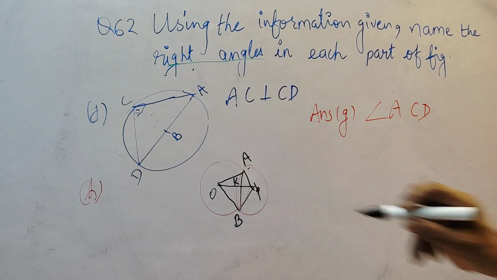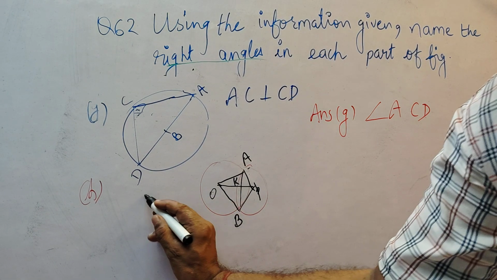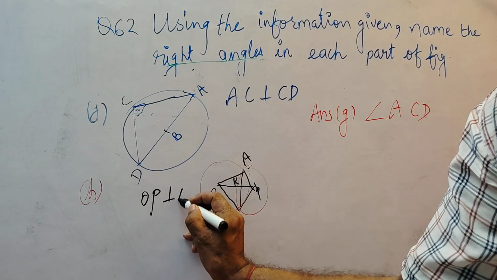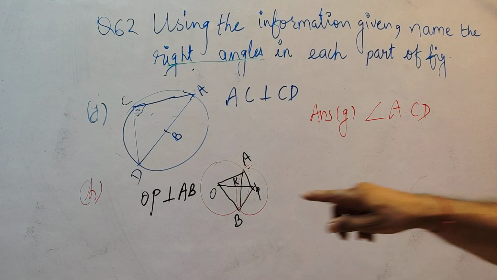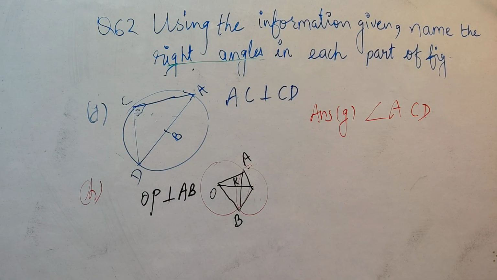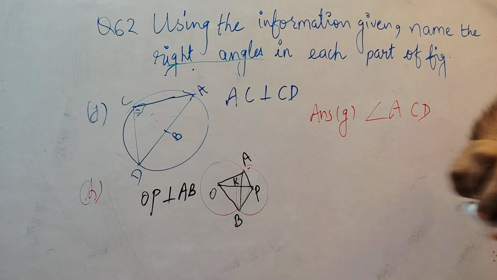So here is the problem. These are called tangents. And here it is given OP perpendicular AB. So where is AB? First we have to find out. Yes, in the middle there is AB.